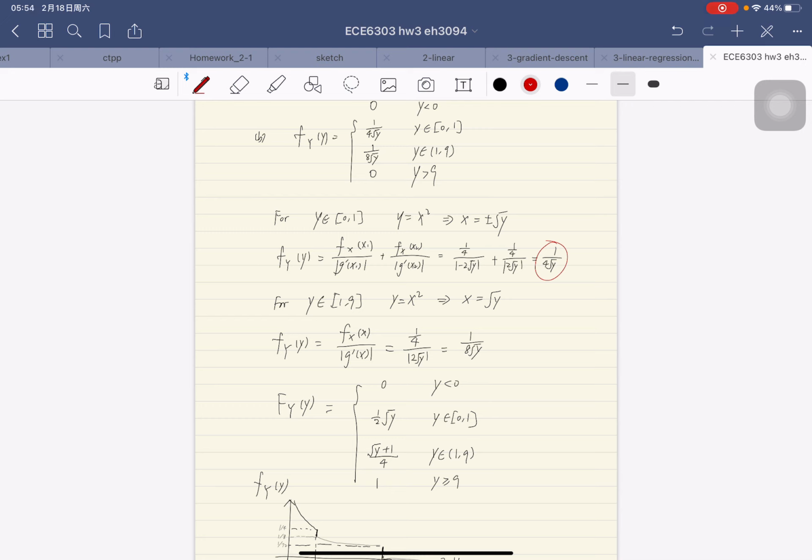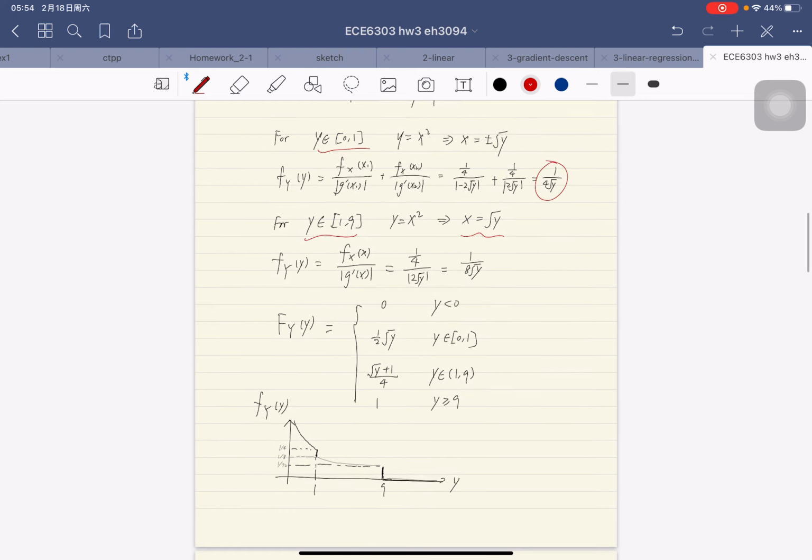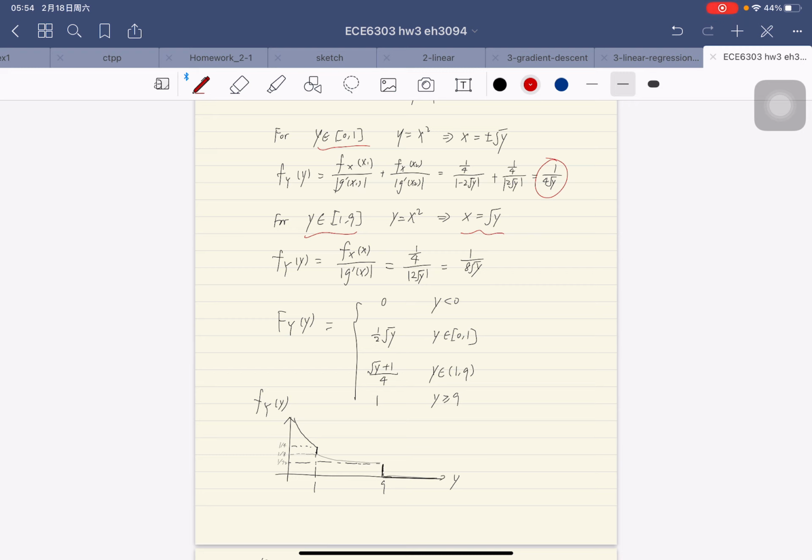And for the other case, when y is in 1 to 9, we will know that x should be the positive square root of y, and so the formula will just be small fy equals small fx divided by the absolute value of g prime x, and we will get the result is 1 over 8 multiplied by square root of y.